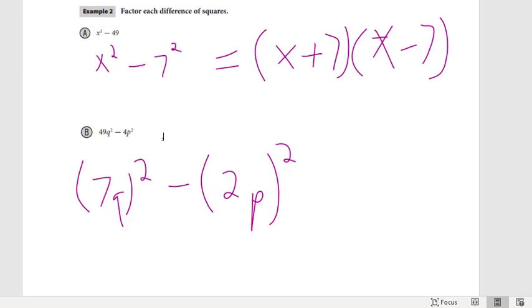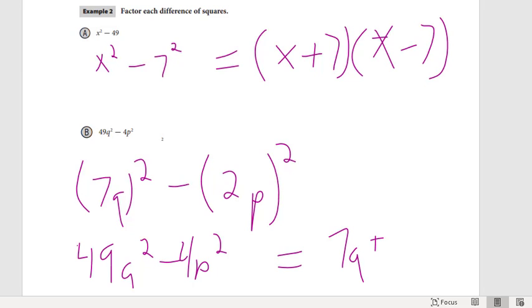So now when we factor 49q squared minus 4p squared, we can break that apart into 7q plus 2p times 7q minus 2p. Remember, one will be positive, one will be negative. And then we can leave it like that. That is factored and done.